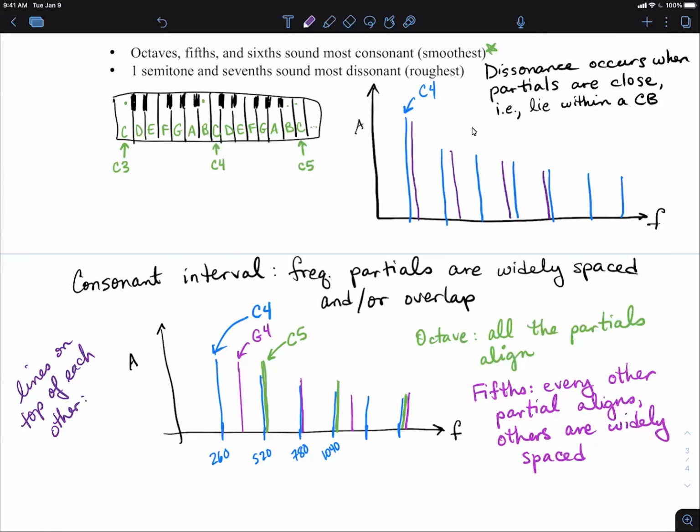And so you have these small differences in frequency that are less than a critical band, not just at the fundamental, but all along these upper partials. You get all of this different roughness or beating. Similarly, that would be kind of like a C sharp 4.